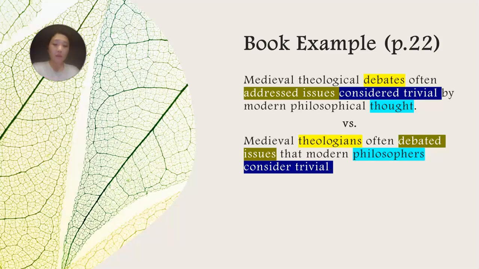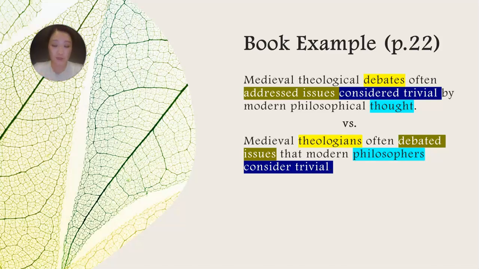If we take a look at just the first half of the sentence, medieval theological debates often addressed issues, there are a couple of points here that we would want to correct.